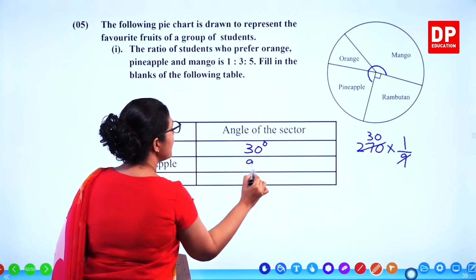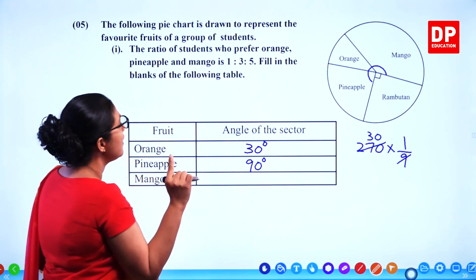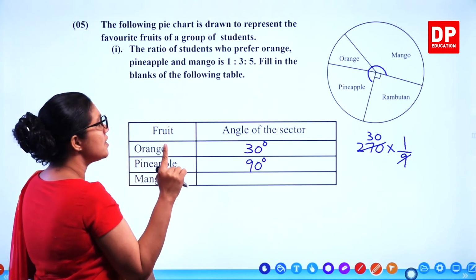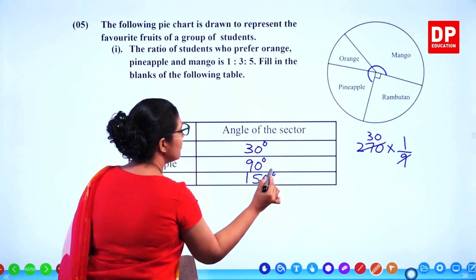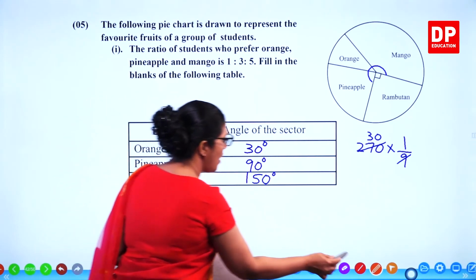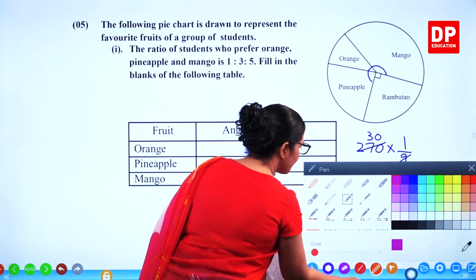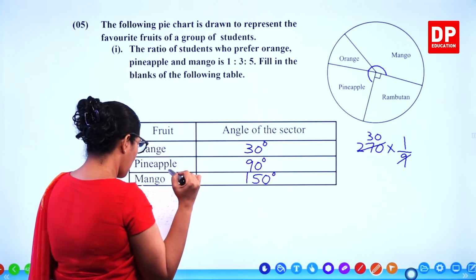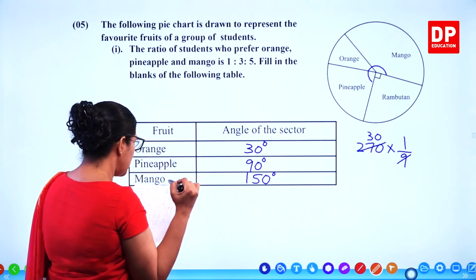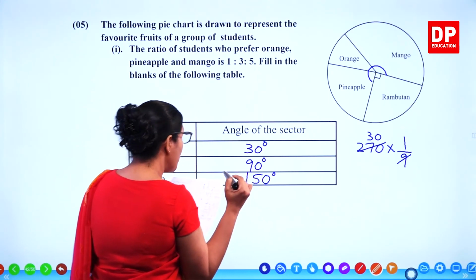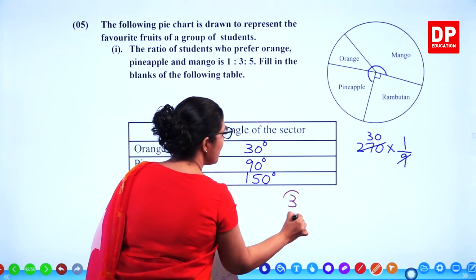That's pineapple. And 5 parts, 30 times 5, 150. That's mango. How many marks for that one? You are getting 2 marks, 30, 90, 150. So 3 marks for all these values, 3 marks.